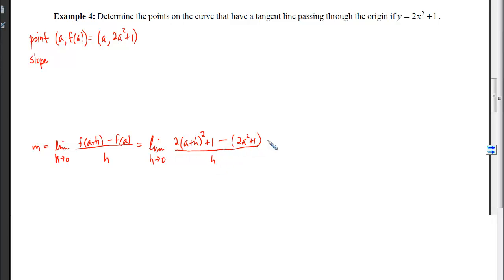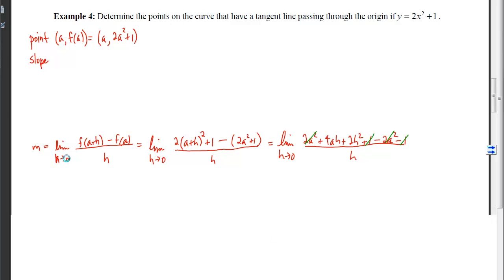If I now plugged in h equals 0, I'll get 0 over 0, which is evidence of a hole. So in order to fix the hole, I need to distribute. Don't forget to double that middle term. And if I do this properly, I will end up canceling out anything that does not have an h in it. You can see here that the 2a squareds are going to disappear and the 1s are going to disappear, and what I have left has an h in it.